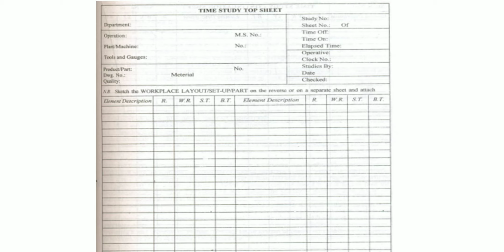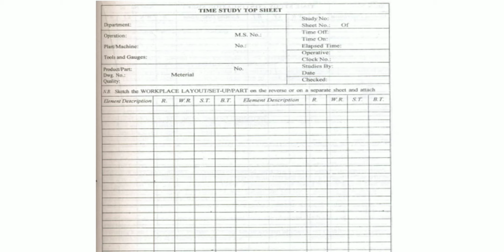The operation description, observer name and other descriptions are pre-printed on the top of the form, which eliminates the possibility of any details being missed. As the size of forms is standardized, they can be easily filled and kept for future reference.